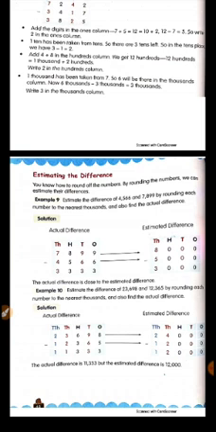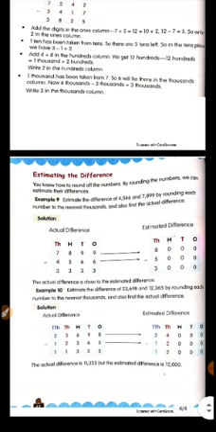When we subtract 12,000 from 24,000, we get 12,000. So the actual difference is not far from 12,000, but our estimated difference is not very close to the actual difference.